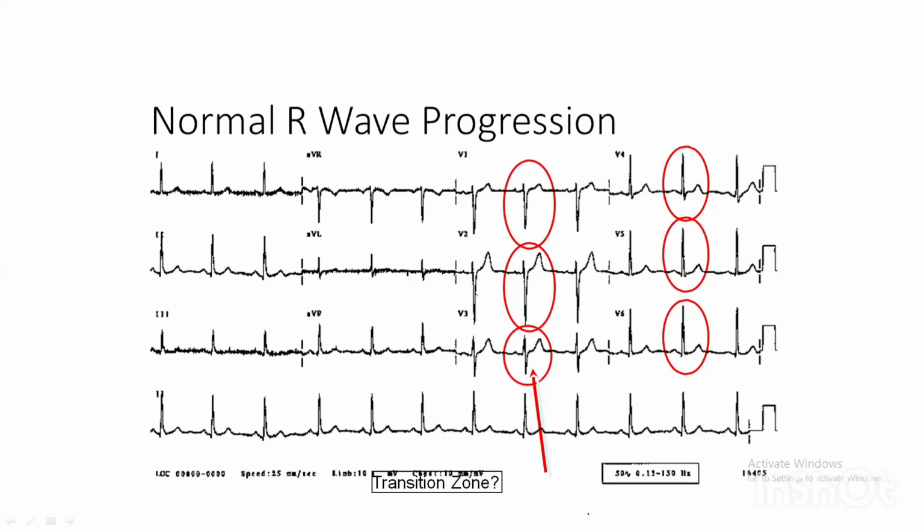But if the patient has COPD, pleural or pericardial effusion, they can have abnormality of the progression of the R wave. So the R wave will not progress. Or if the patient has ventricular wall abnormalities.